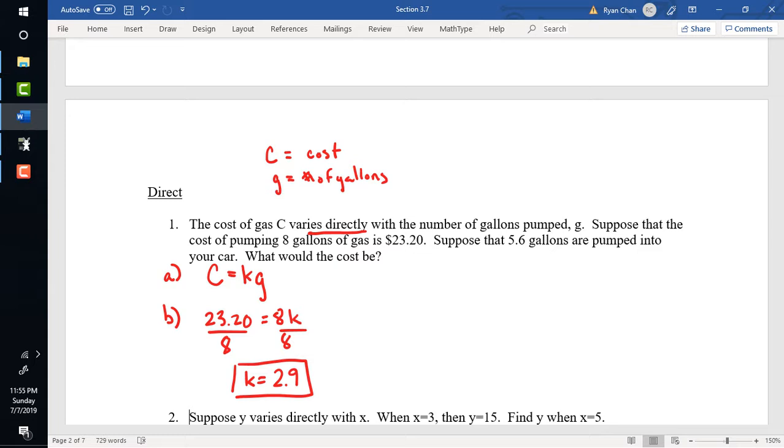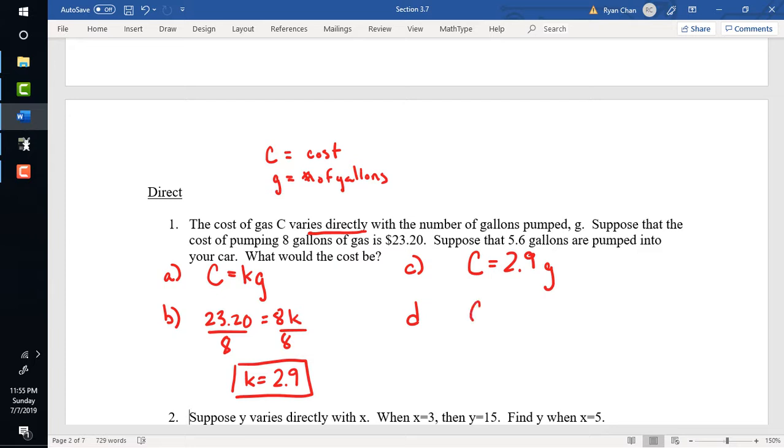So once I'm done finding my K, I'm going to rewrite this. So I say C is equal to 2.9 times G. And then the last part says, if I pump 5.6 gallons, what will the cost be?